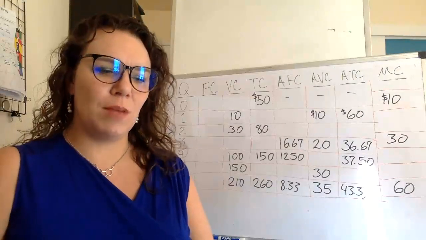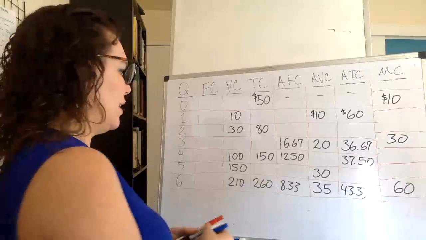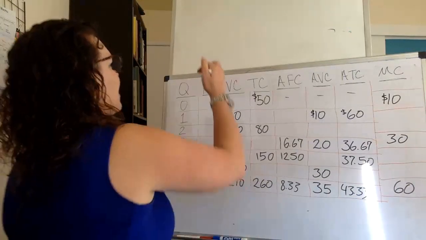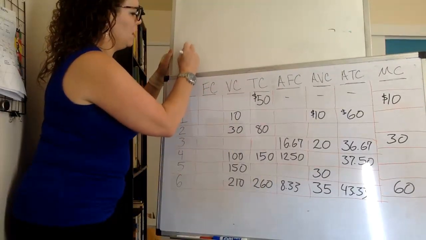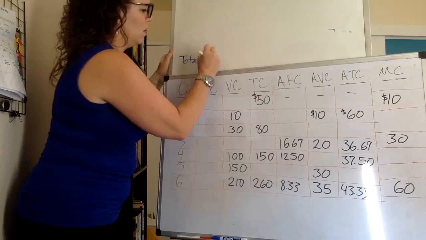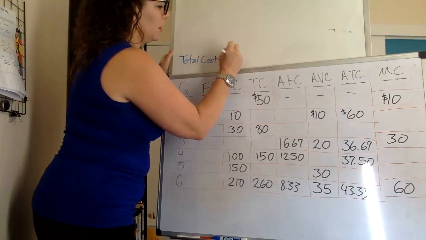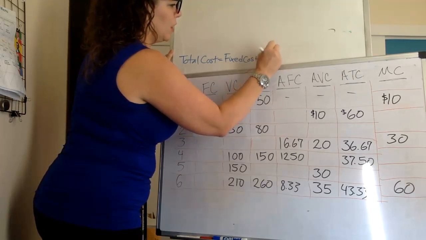The other thing that helps if you're having a hard time with this is to go ahead and write down what all of these things are, right? Write down the equations. So things like the fact that total cost is equal to fixed costs plus variable costs.